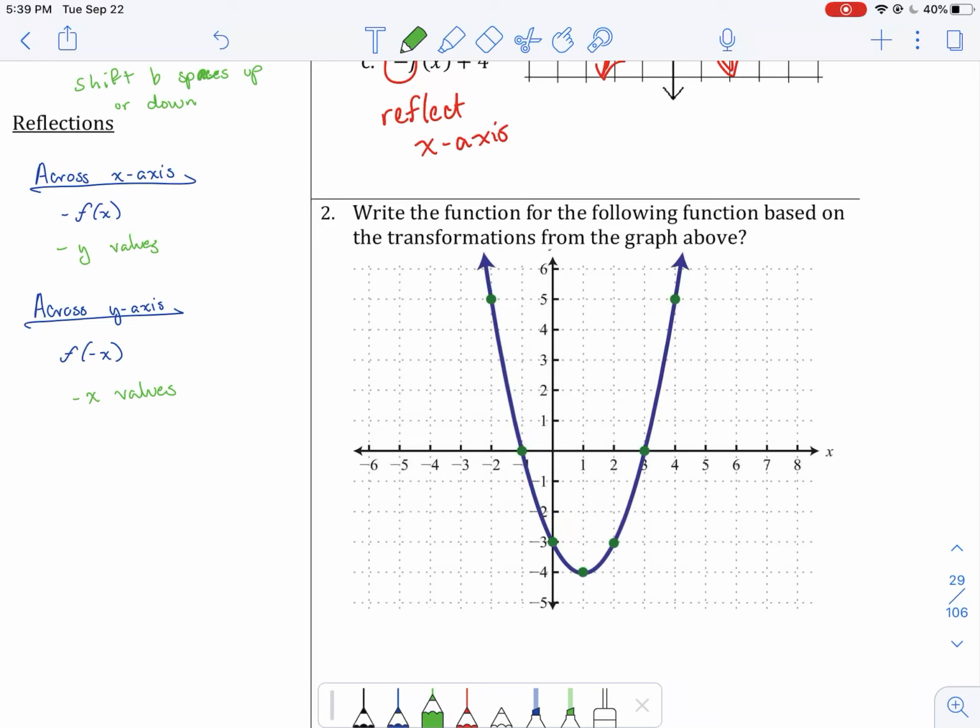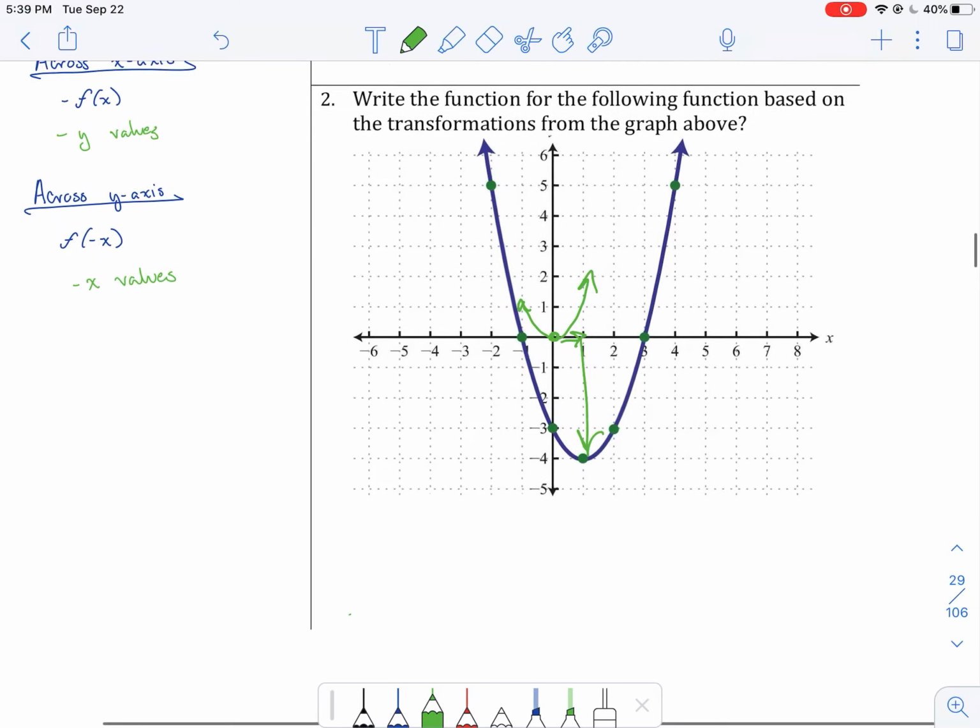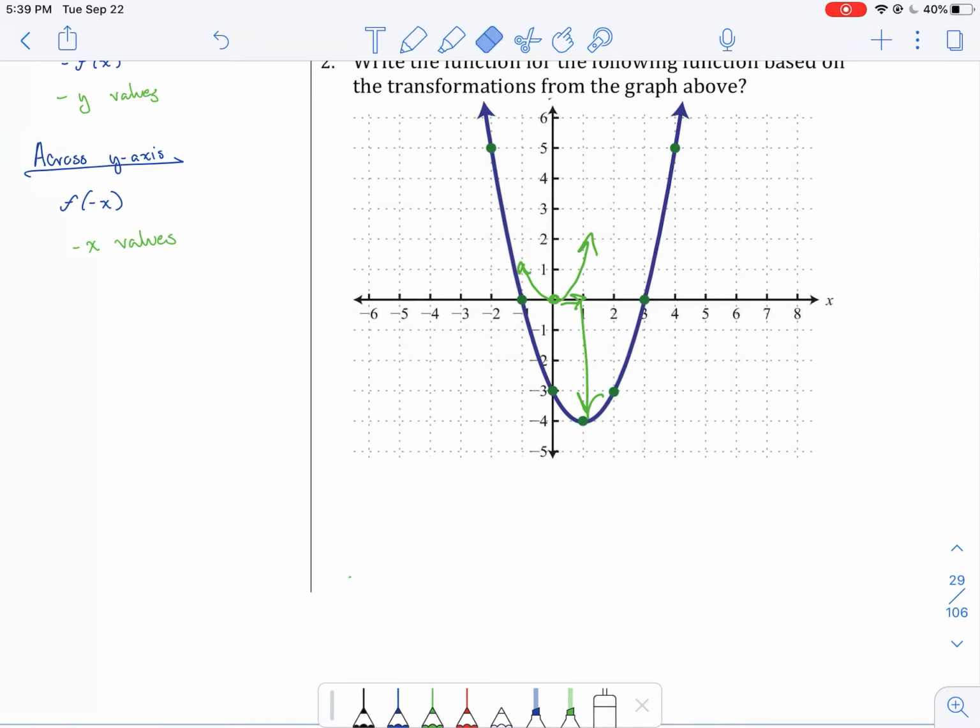We have one that is taking us horizontally this way and then down. So actually, we're coming from the origin. That's where our original function would be, like this. And it's moving one space this way and 4 spaces down.